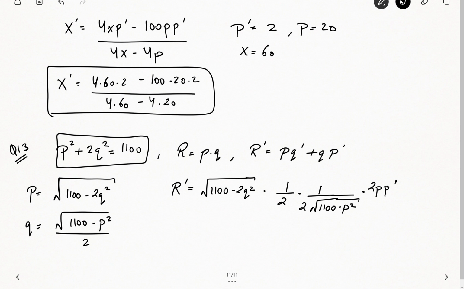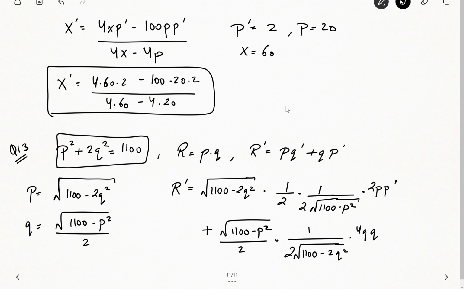So that's the first piece. Plus, you got to keep the Q. It's 1100 minus P squared divided by 2. That's the Q part. And P prime from here is just 1 over 2 square root of 1100 minus 2q squared, times 4q prime.